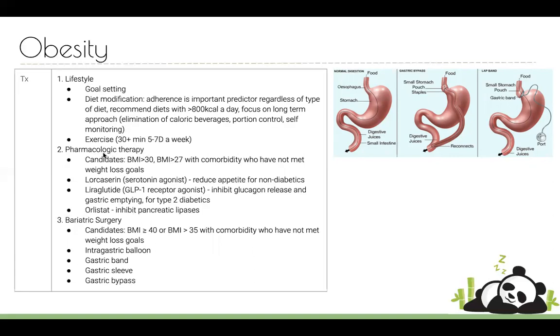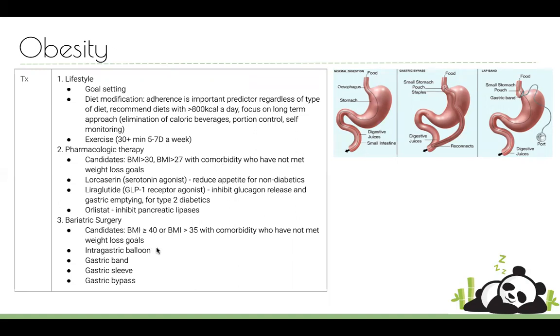In terms of pharmacologics, candidates must have been quite serious. Basically, you don't give this to everyone, and I wouldn't say you have to know these very well. And bariatric surgery, again, has to be even more serious.